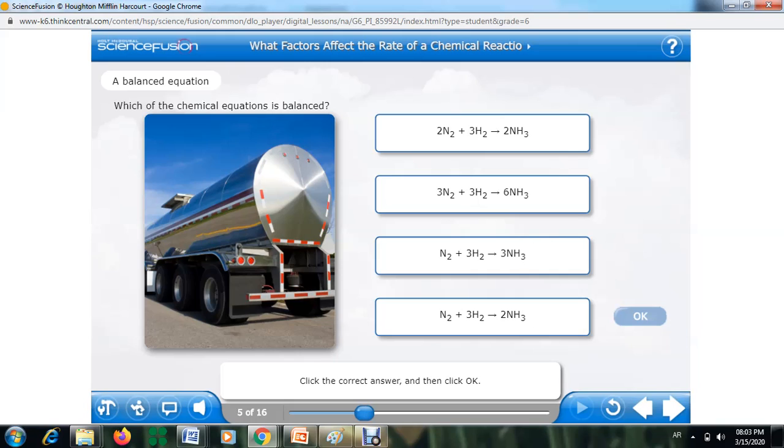The last equation, you have N2, 2 nitrogen atoms, plus 3H2, which means 3 molecules of hydrogen. It will form 2 molecules, 2NH3, so 2 nitrogen in the reactant and 2 nitrogen in the product. Here you have 6 hydrogen atoms, and here also 2 times 3, which means 6 hydrogen atoms, so this one is a balanced equation.